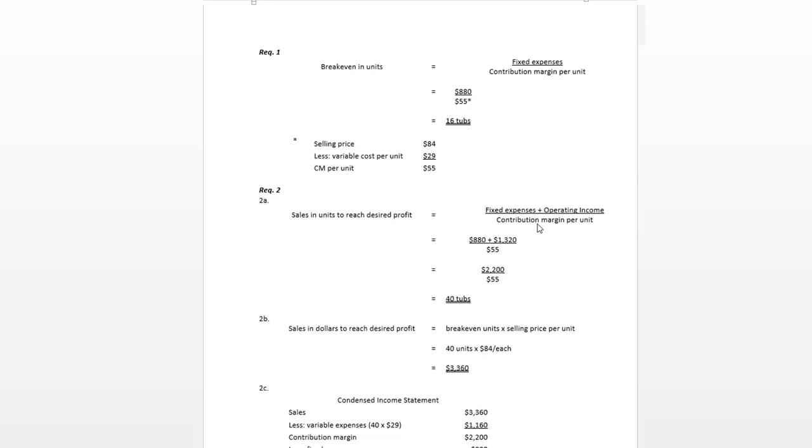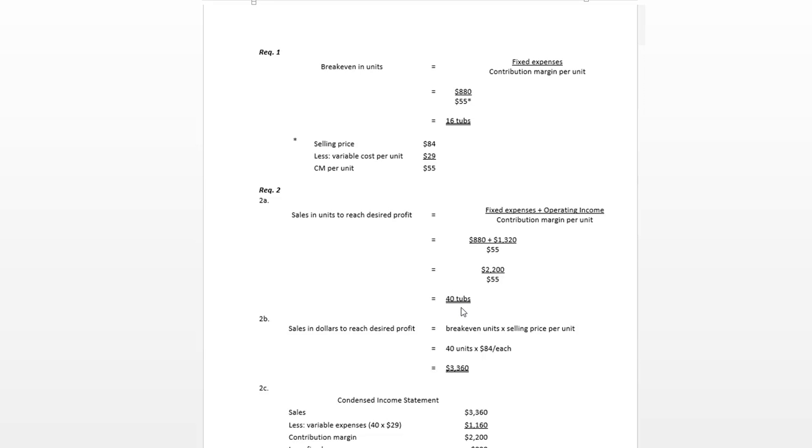Instead of contribution margin just breaking even and covering our fixed expenses, now we want our contribution margin to also cover the operating income that we've targeted. So we're going to add that in. The 880 in fixed expenses plus the operating income, 1,320, divided by our contribution margin. And that tells us that in order to reach the desired profit level, he would need to sell 40 tubs.